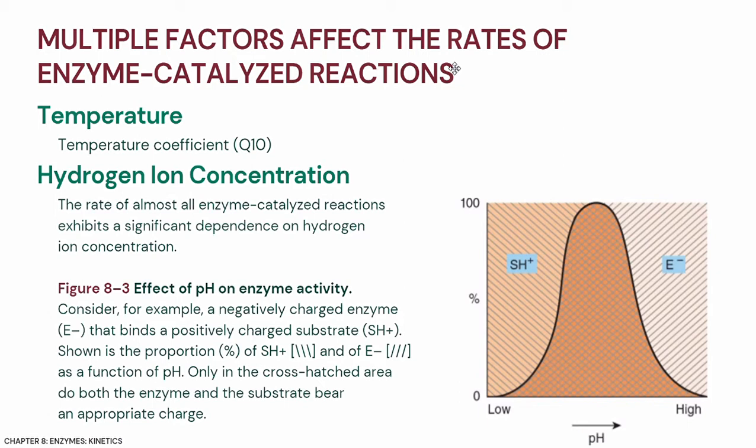Okay? And the enzymes that are there work well at that particular pH. Like the pepsin in your stomach works well at a very low pH. So the more acidic, the more hydrochloric acid, the better for the pepsin.